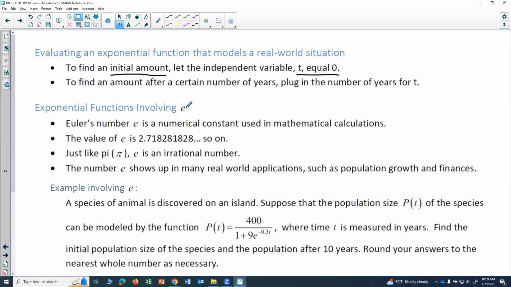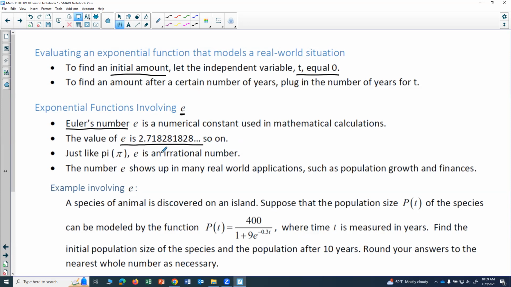So now let's talk about this number e, exponential functions involving e. e is called Euler's number, and it's a numerical constant used in mathematical calculations. The value of e is 2.7182818828 and so on.